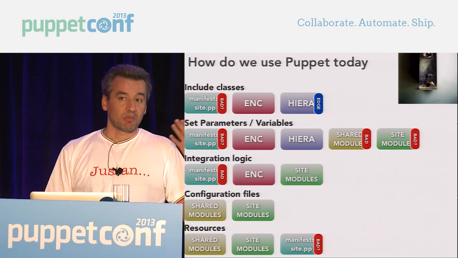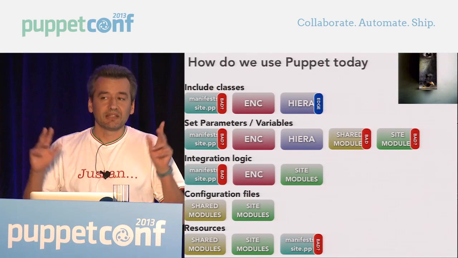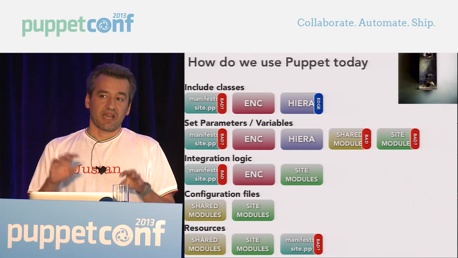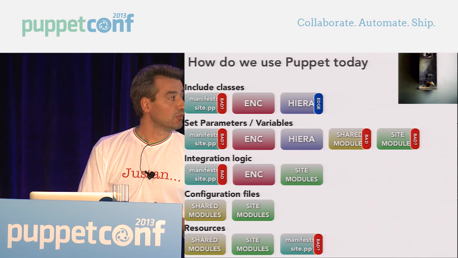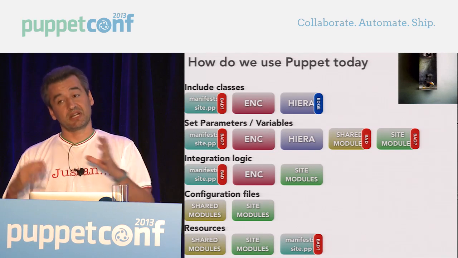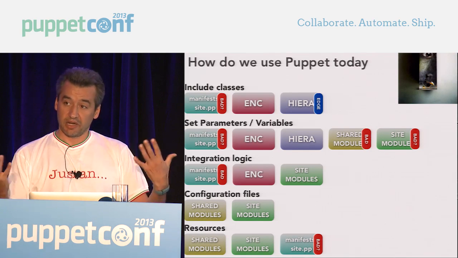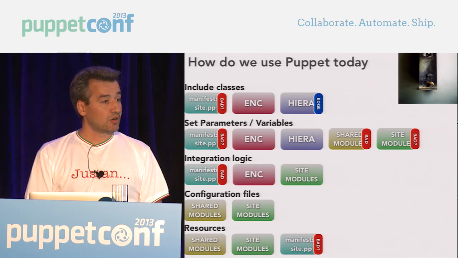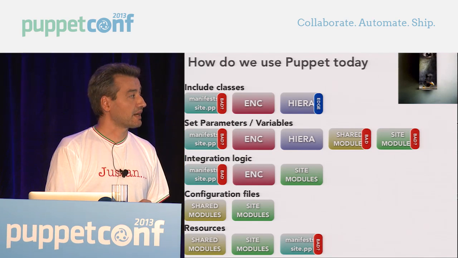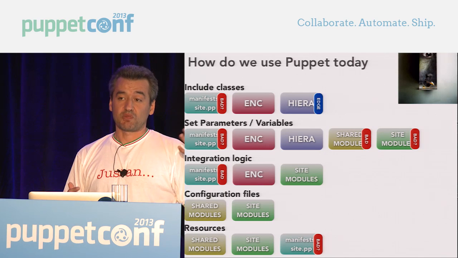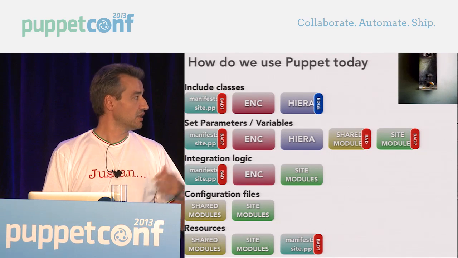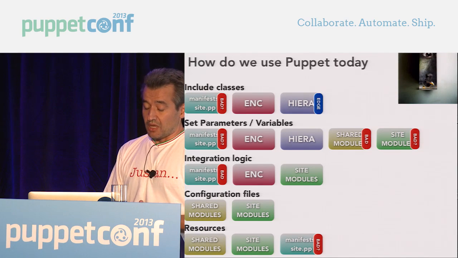We can set them in our custom site modules. We shouldn't set variables inside shared common modules. And these variables, with the classes which are related to them, are often integrated, glued together in some kind of logic which may be defined in a custom site module, in the ENC, or also in site.pp.